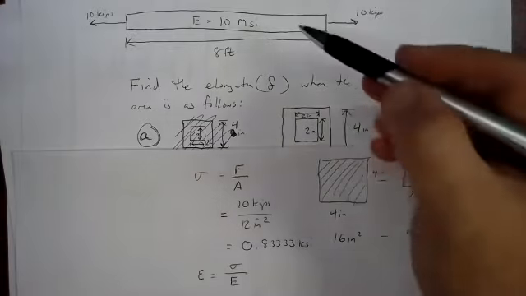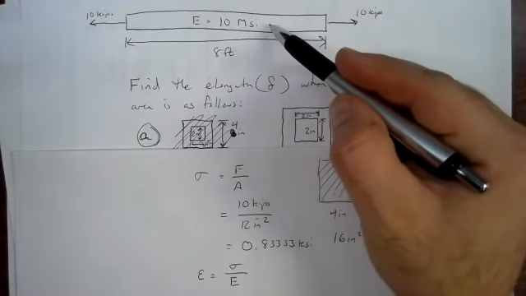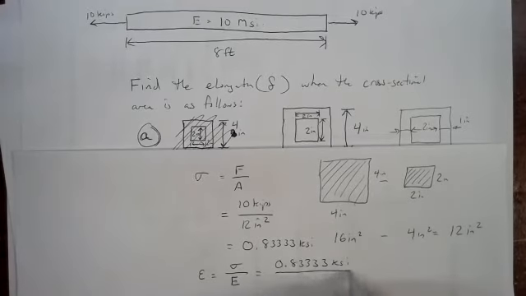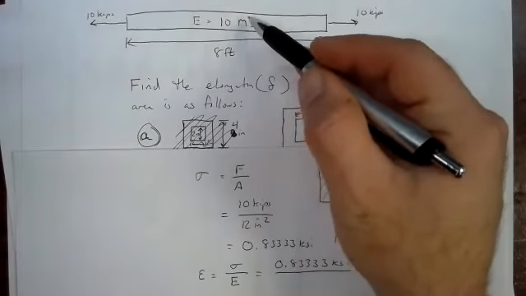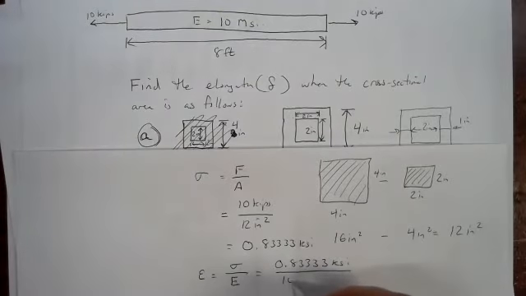The modulus is 10 MSI, but remember that we've got to make the units match. I've got KSI for my stress, 0.8333 KSI. I've got to put my modulus in KSI also. MSI is million, so KSI would be 1,000. I've got to add an extra 3 zeros here. So I'm going to have 10,000 KSI.